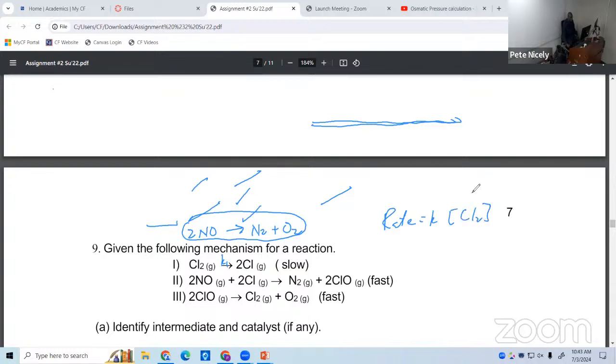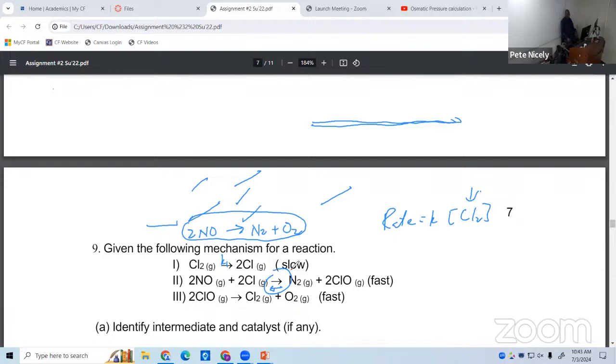The thing is, Cl2 is not a reactant. So therefore, we have to try to find some way of expressing Cl2 in terms of the other products or reactants. And that would work if this was reversible. We could do that, right? Or, well, not even this one. Yeah, this one would have to be reversible, which it is not.